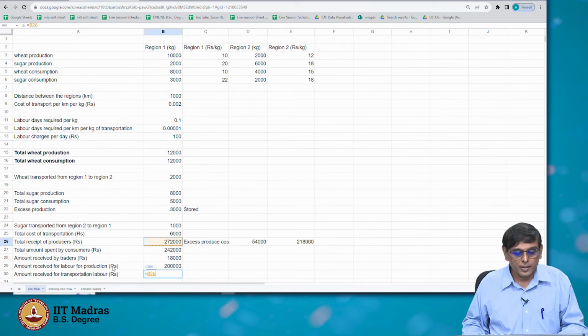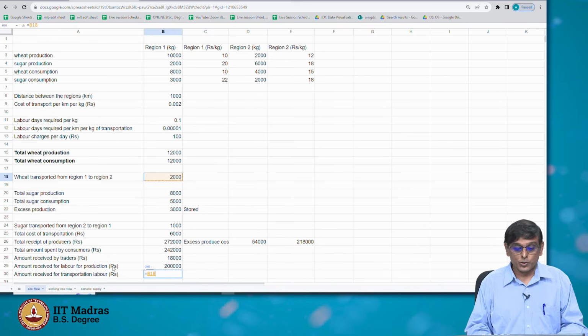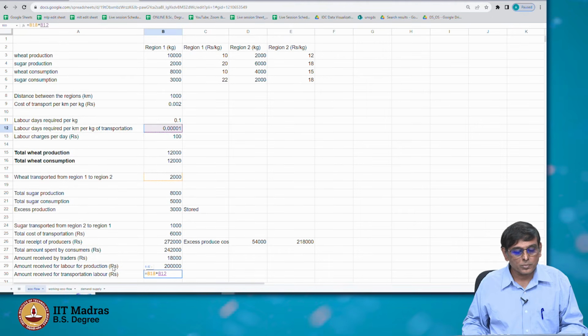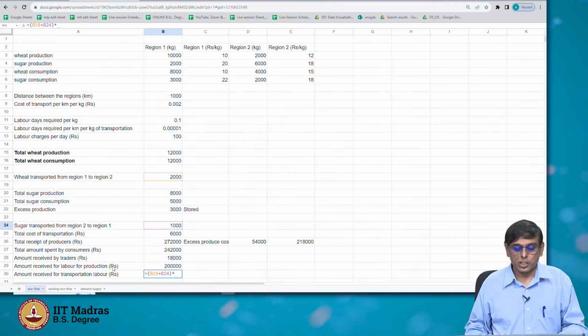We know that, no, sorry, 2000 kilos of wheat was transported from region 1 to region 2. 1000 kilos of sugar was transported from region 2 to region 1. Total transportation is 3000 kilos.